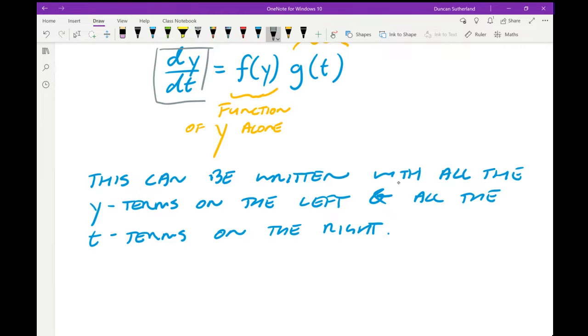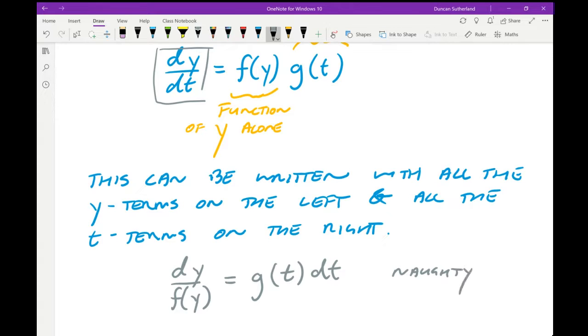So I just treat this like a fraction, and I write dy on f of y equals g of t dt. This is strictly naughty, at least in the sense of I'm just rearranging these things as I would a fraction.